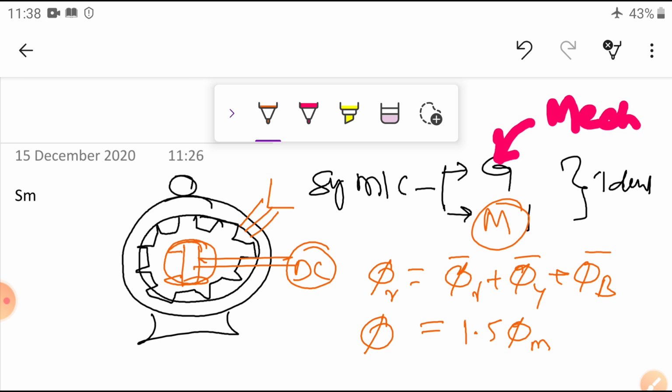This resultant magnetic field rotates in the air gap at the synchronous speed Ns, equal to 120 f by p, where f is the frequency and p is the number of poles.